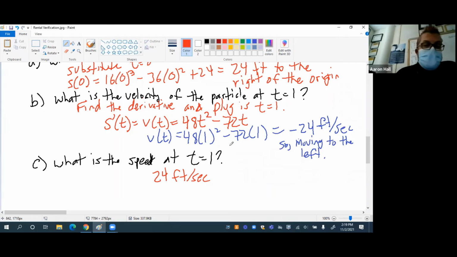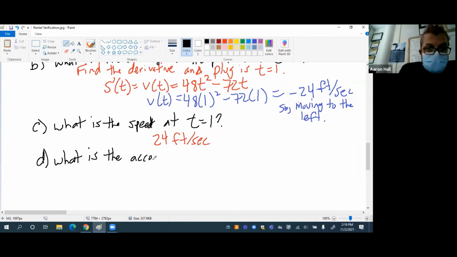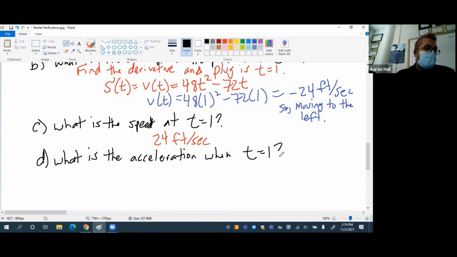Right? What is the acceleration? Part D. What is the acceleration when t equals 1? Riley, how do we figure out acceleration?